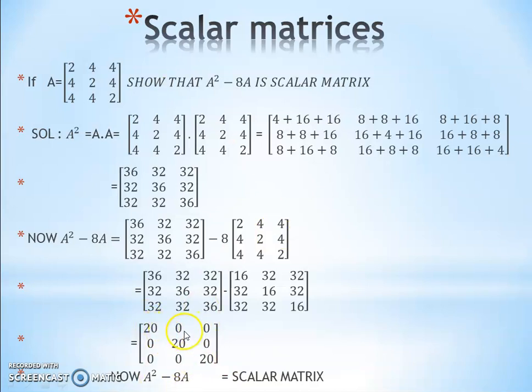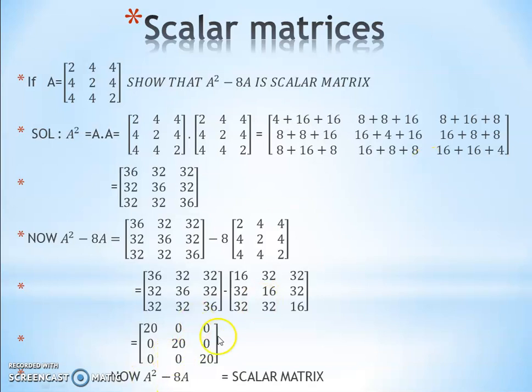So we get in this matrix A square minus 8A, the final answer in the form of 20, 0, 0, 0, 20, 0, 0, 0, 20. So we look here, all the entries: A11 is 20, A22 is obviously 20, A33 is 20. The diagonal elements are the same. So such a matrix is called a scalar matrix.